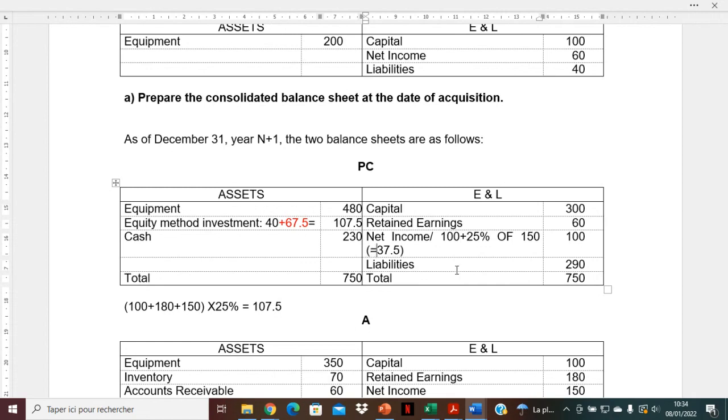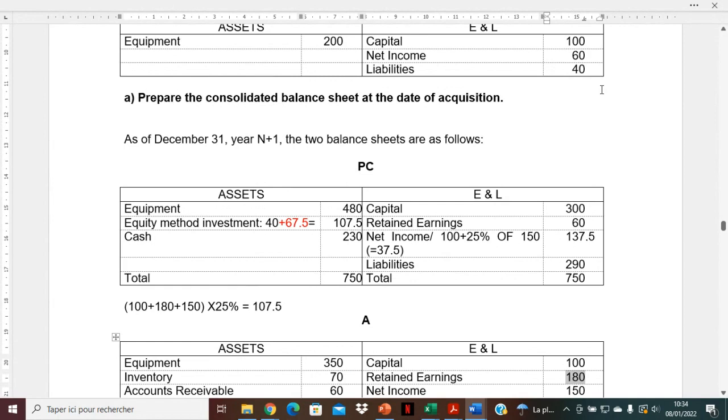Okay, that means my final profit in the end is 137.5. Okay, and then I see here we have retained earnings of 180, and we did not have any retained earnings at the date of acquisition.